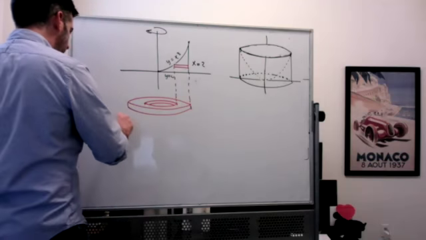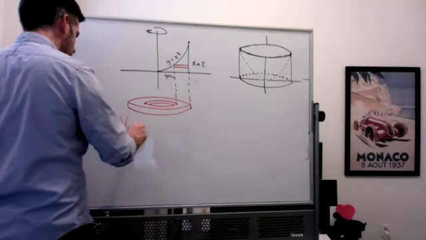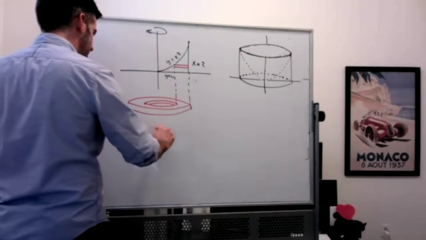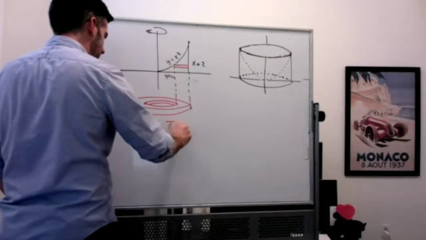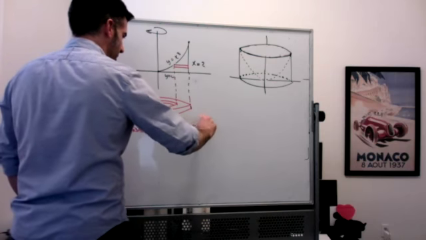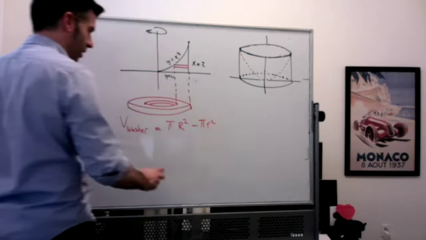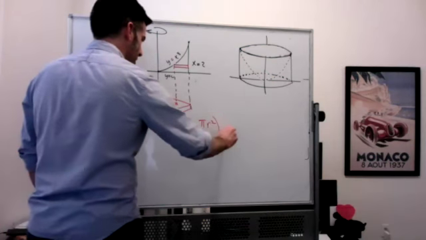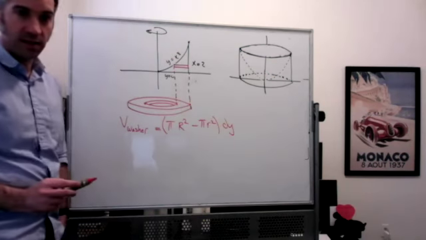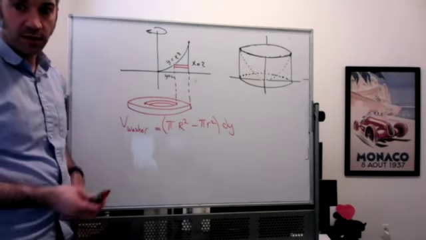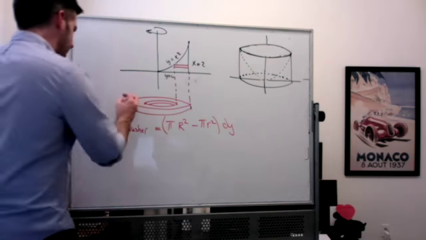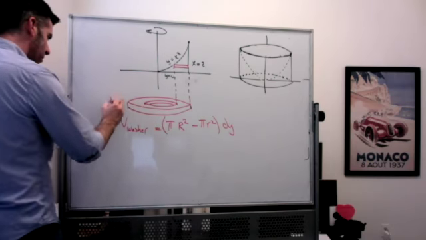So the volume of our washer is pi times the big radius squared minus pi times the little radius squared, times the thickness, dy. This thickness is dy.